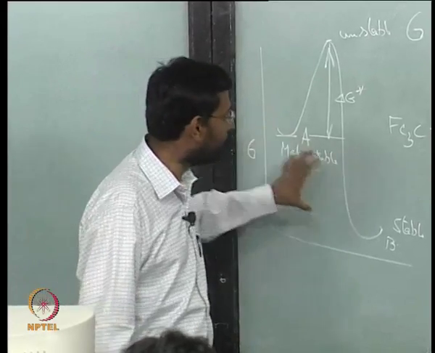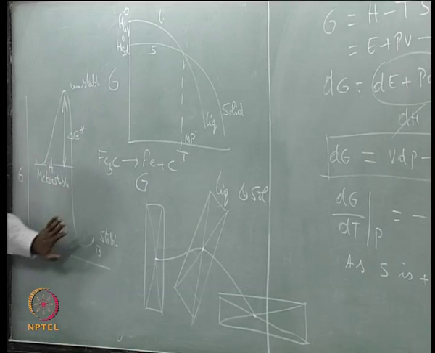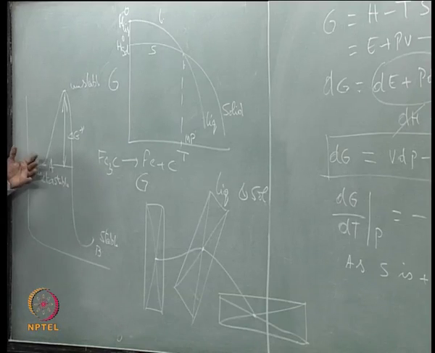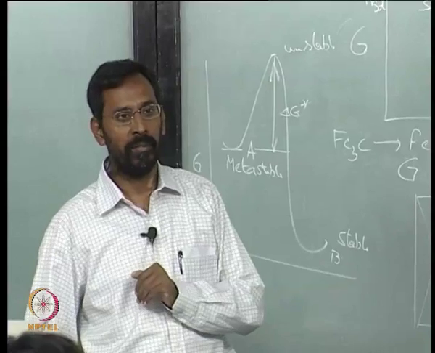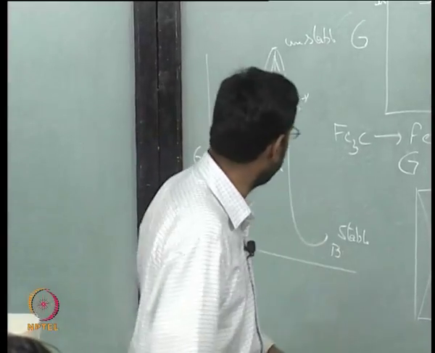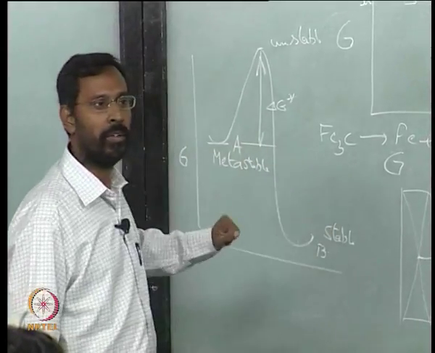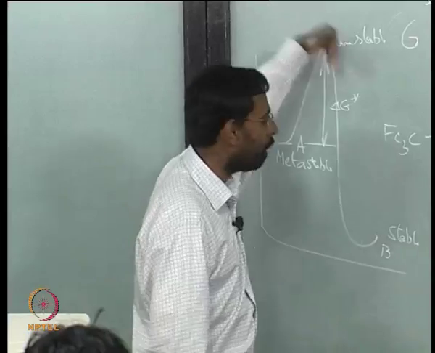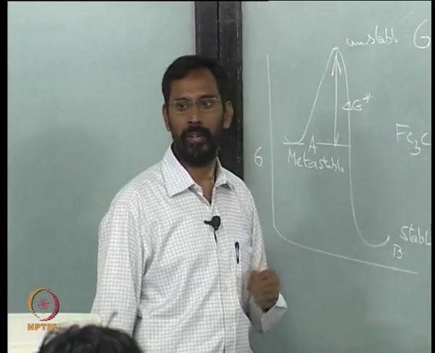This is the difference with thermodynamics. Thermodynamics tells you that this is the stable state, and in principle the system would like to be here, but it can still remain here because you have not provided the activation. So it is like a local minimum, and this is the global minimum. It remains in a small trough there, and if you push it, it will go up and then come down.